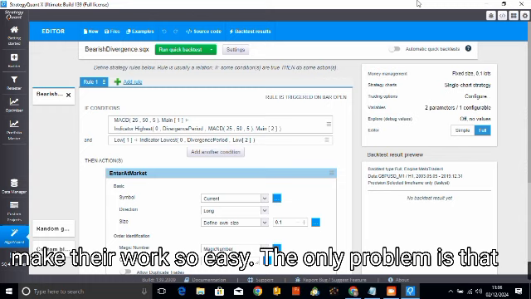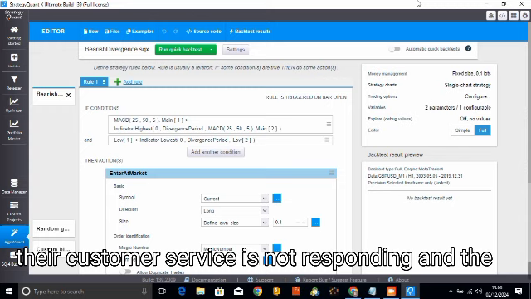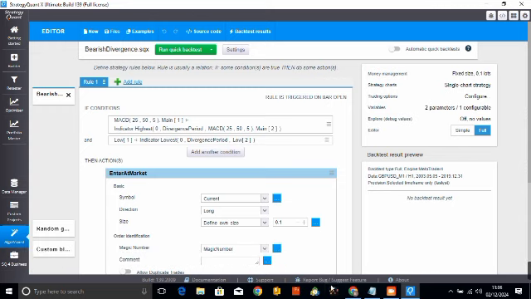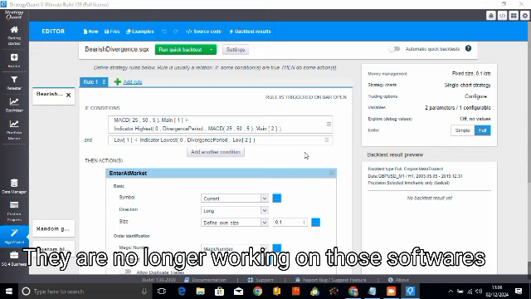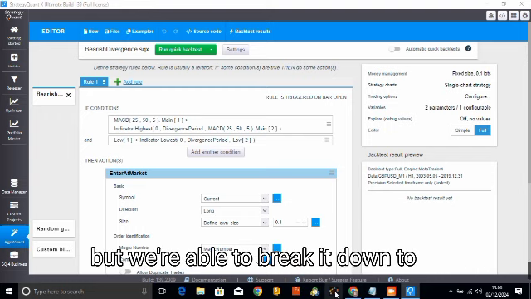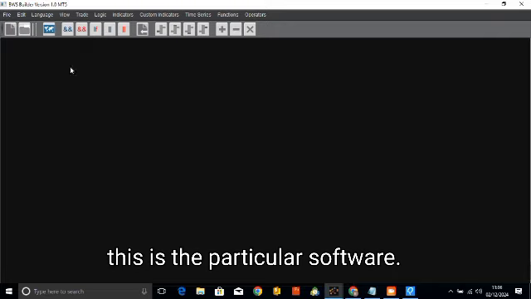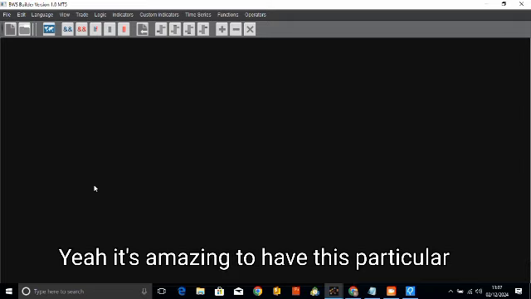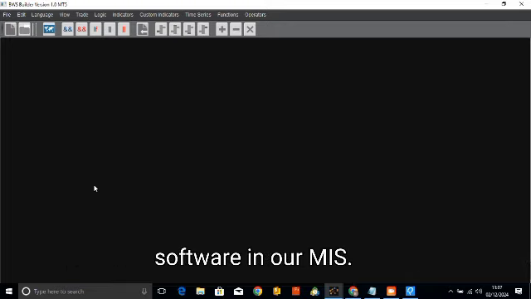The only problem is that their customer service is not responding, and they are no longer working on those software, but we're able to break it down to make sure that we'll be able to use this. This is the particular software: BWS Builder version 1 for MT5. It's amazing to have this particular software in our midst.